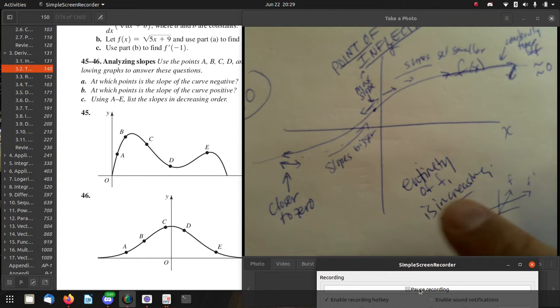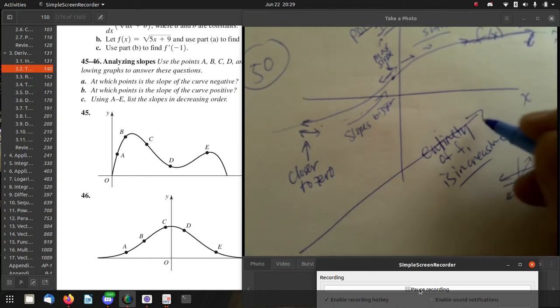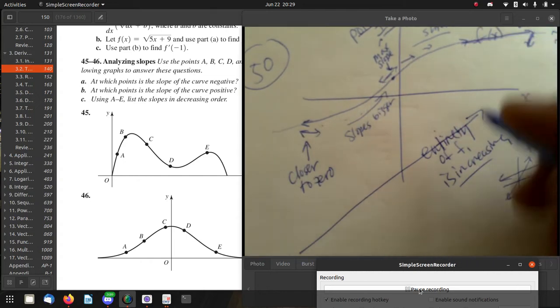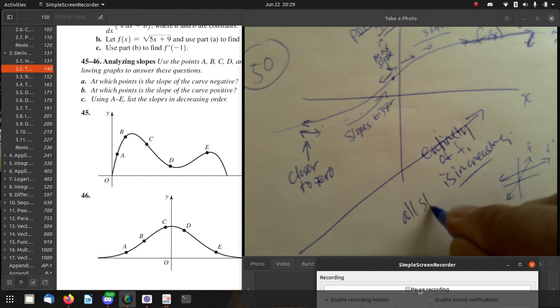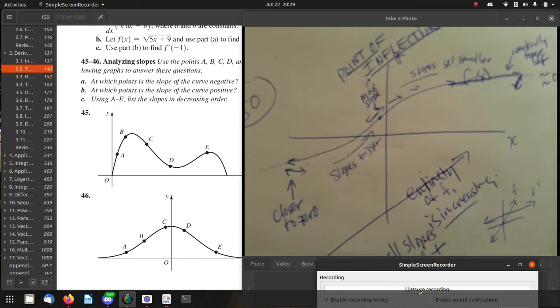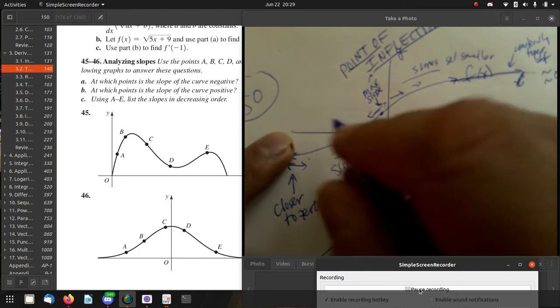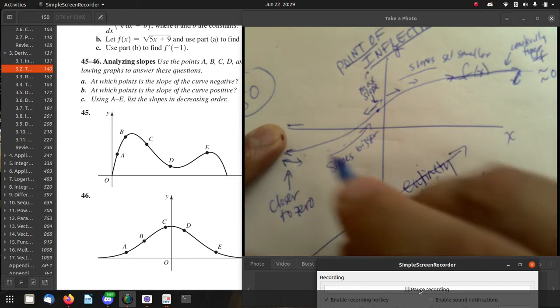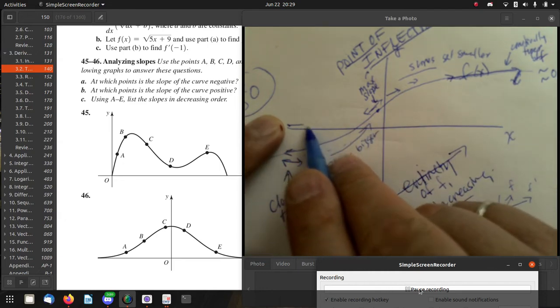What I mean is that the entirety of f goes upwards, that every one of these slopes, all slopes, are positive. So that means slopes are close to 0 over here. Everything's smooth and continuous. I'm going to make a smooth line.